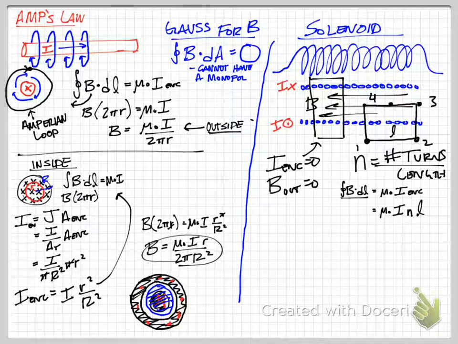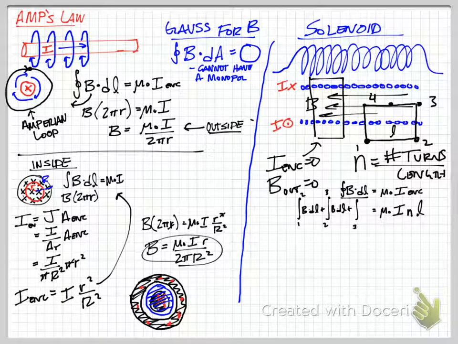So the B dot dl side, our line integral side, looks a little bit different. We have 4 segments of line, so we're doing B dot dl for 4 different regions. From 1 to 2, plus the integral from 2 to 3, plus the integral from 3 to 4, and I'm sorry that I ran a room, plus the integral from 4 on back down to 1 of B dot dl.